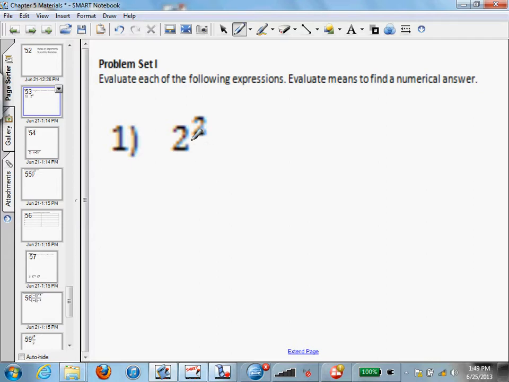So we look at this, we're saying take this big number and multiply it by itself as many times as we see in the number above it. So this is really saying take 2 and multiply it 2 times.